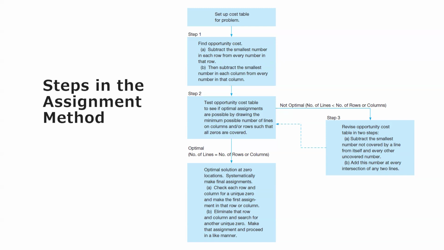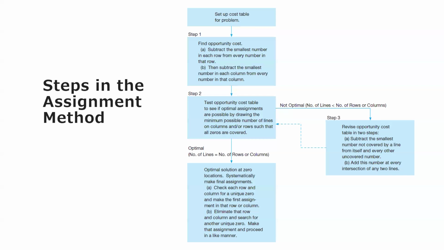The optimal solution is reached if the number of lines equals the number of rows or columns. So if we have three rows and three columns, the lines that cover the columns or rows that contain zeros must be three. If the number of lines is less than the number of rows or columns, the optimal solution hasn't been reached.